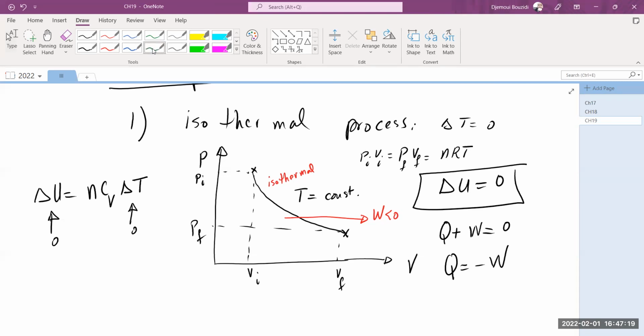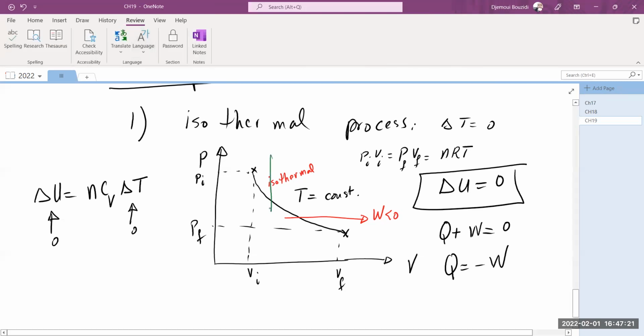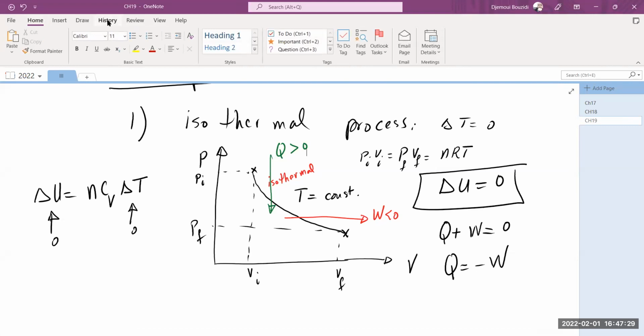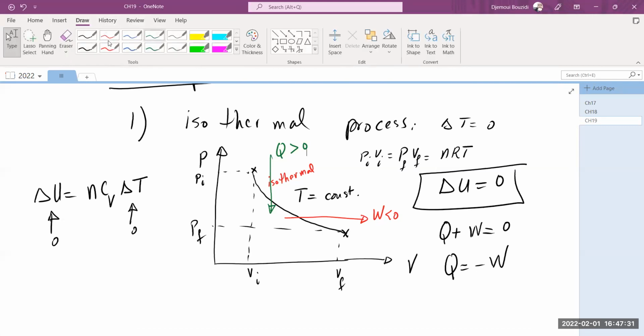So in this case, the heat must be positive. Okay? That is critical for this process in here. So all I have to do is find W. Once I find W, I'm in business. So let's do that.